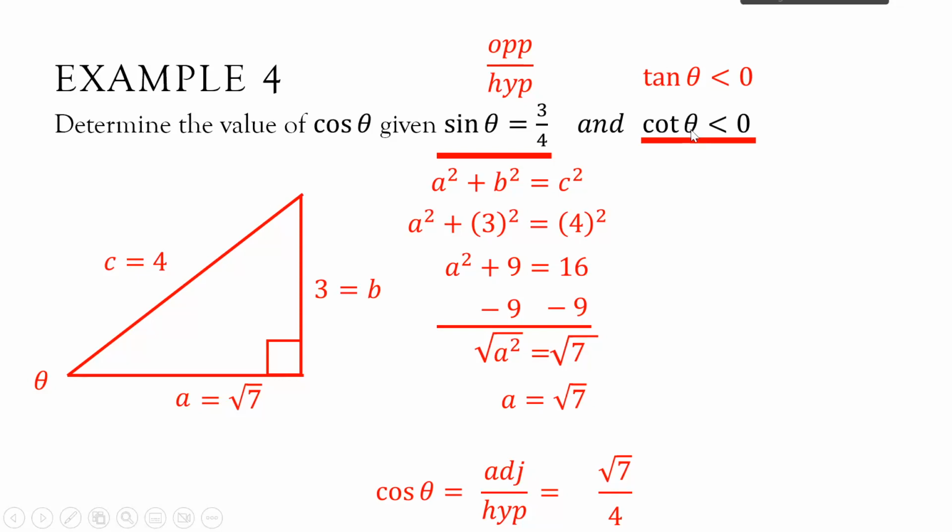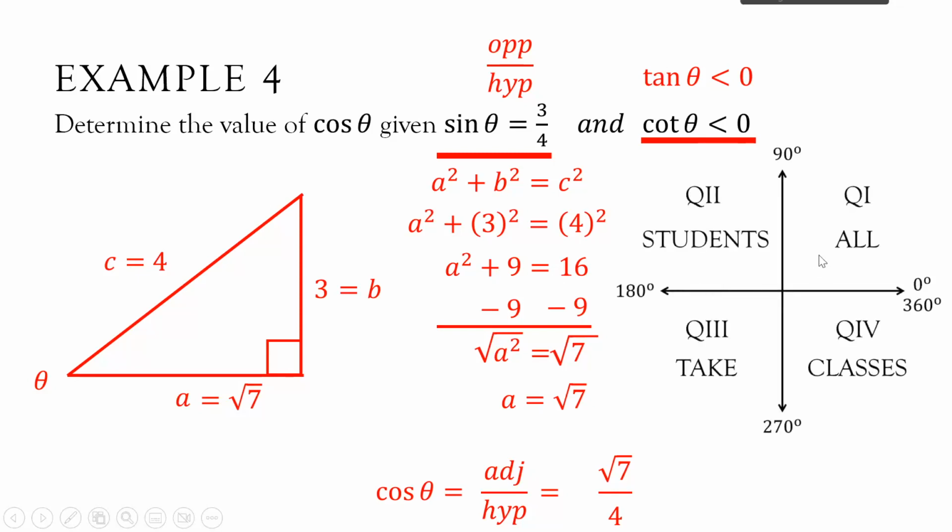That is, if cotangent is negative, then tangent is negative as well. And if I want to figure out what quadrant we're in, sine is positive. So I have to be in either quadrant 1 or 2, because those are the only quadrants where sine is positive. So I can eliminate the bottom two options.